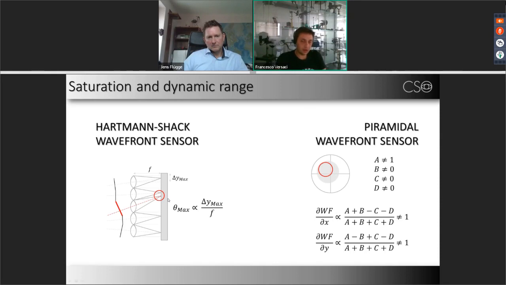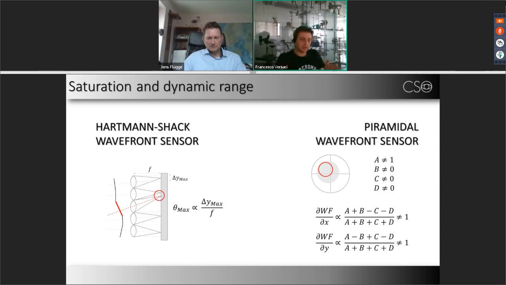What about the Hartmann-Shack wavefront sensor? We know that the maximum slope that we can measure is proportional to the size of each cell. So if I want to increase the dynamic range, so I want to reduce the probability of saturation, I have to increase this dimension, which means increasing the size of each lens, which means decreasing the number of points in the lenslet array.